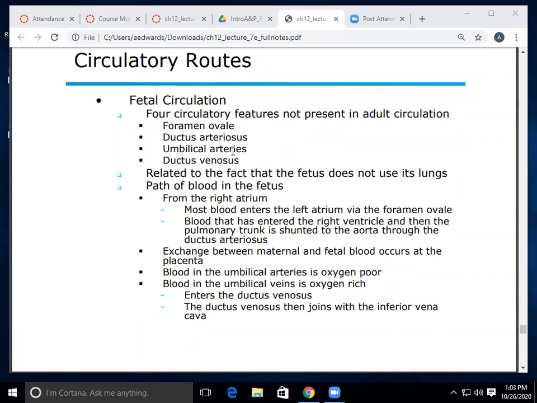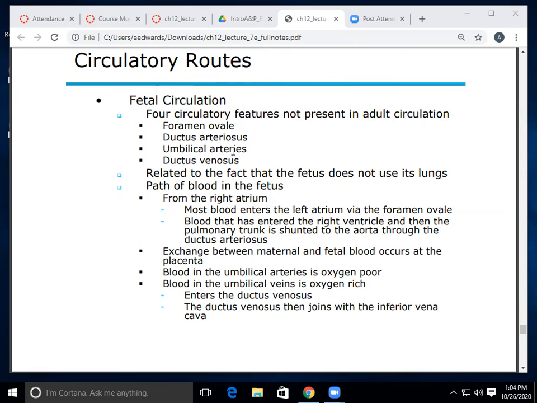So why do we have this system? Well, the baby's still inside the body, so it's not really breathing or using its lungs the way you would outside of a mother's body. So it has to have a pathway to get oxygenated blood to the body.